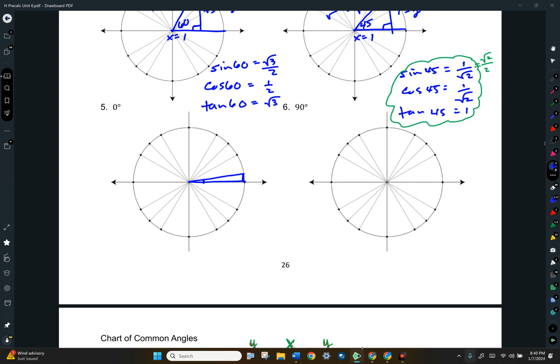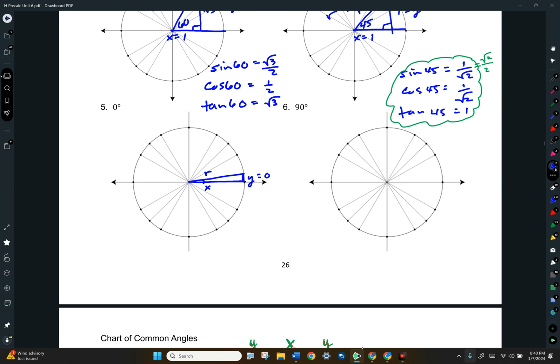I know that this side down here is the x, and I know that this side over here would be the y, and that the hypotenuse would be the r. Okay, now if this really were a 0 degree angle, then I wouldn't have that y value, right? Because the r would be right on top of the x. So really the y would be 0 if it were really a 0 degree angle.